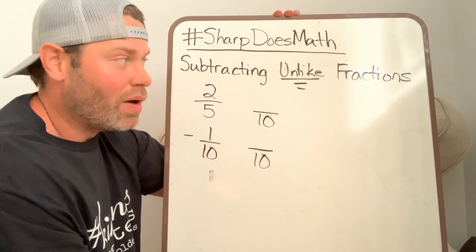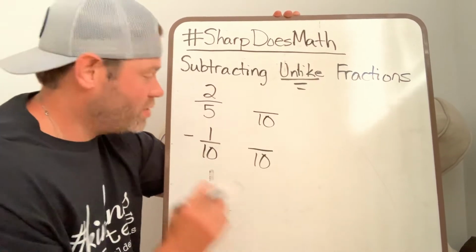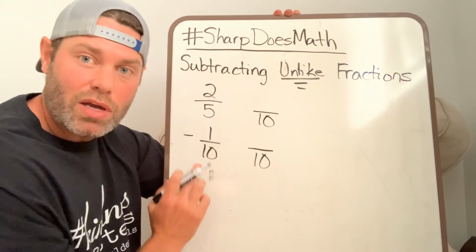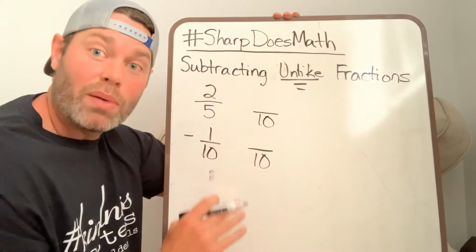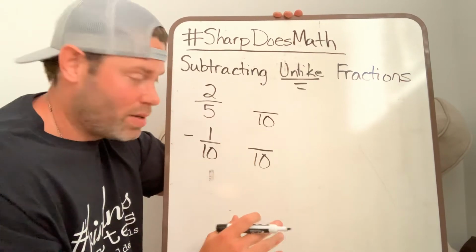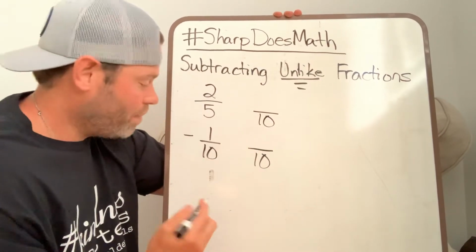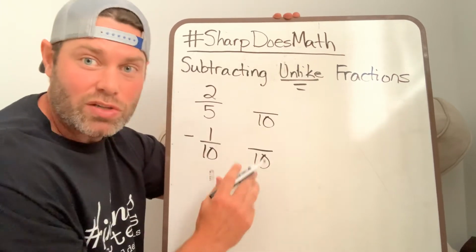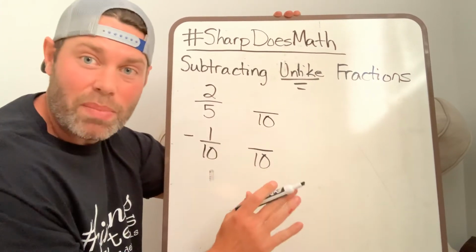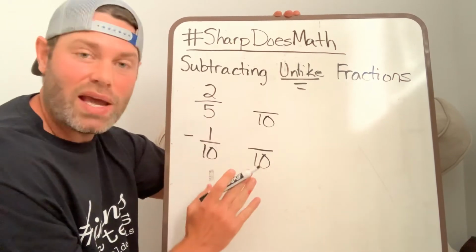Okay? Now, we're making equivalent fractions to our original problem. So we're going to multiply both the denominator and the numerator by the same number to make equivalent fractions. Okay? So here, I had a 10 and I still have a 10. So I don't even need to multiply by anything. Okay? We could just leave it as is.